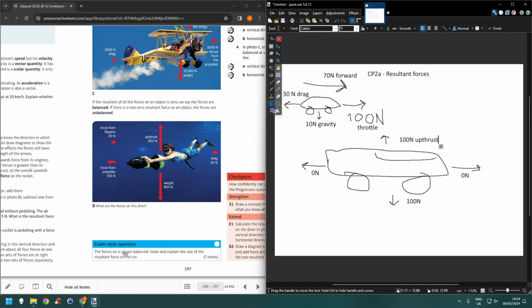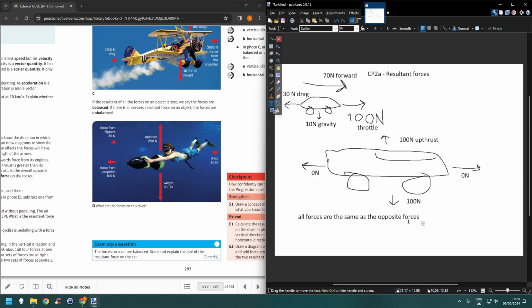State and explain the size of the resultant forces on the car. We can say all forces are the same as the opposite forces. So the backward 100 newtons is the same as the forward 100 newtons, and the downward 100 newtons is the same as the upward 100 newtons.